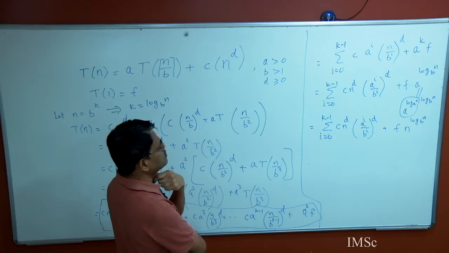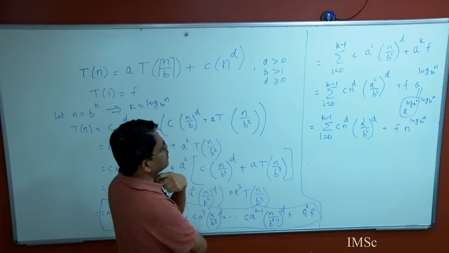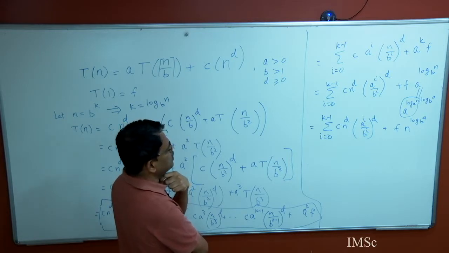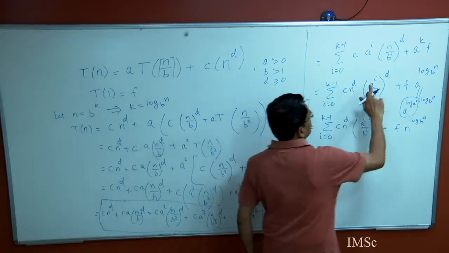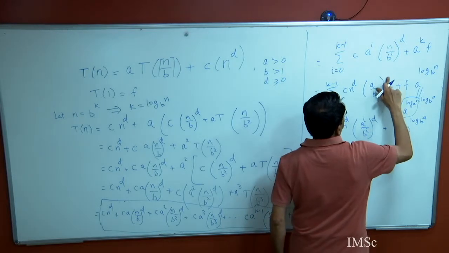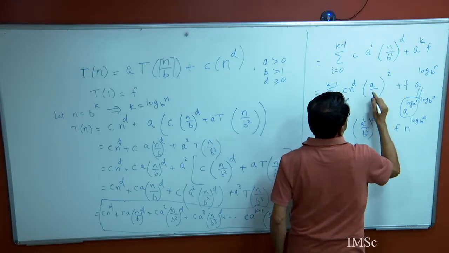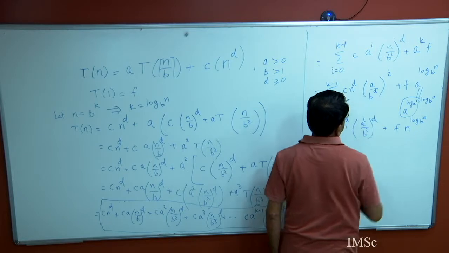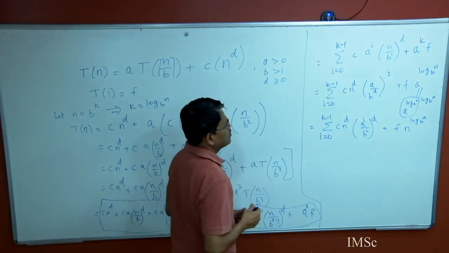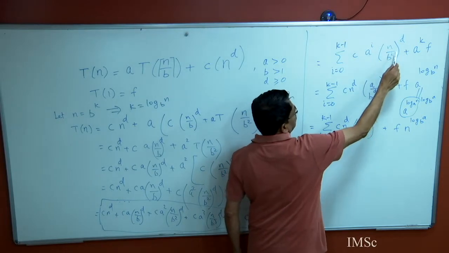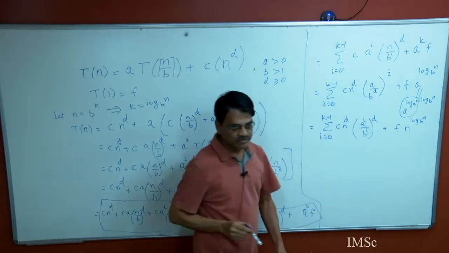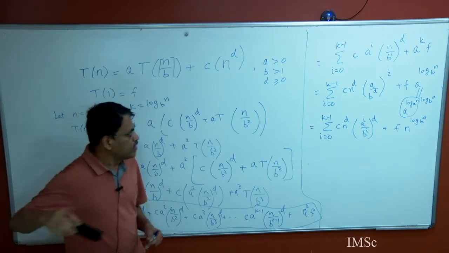Yes. I know there's something I didn't do properly. Okay. So what I really want to do is this. Okay. So n power d is here, A by b power d, power i. Okay. Is that okay? Thank you.